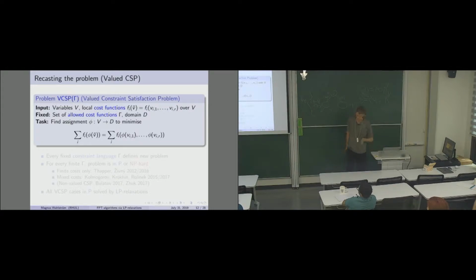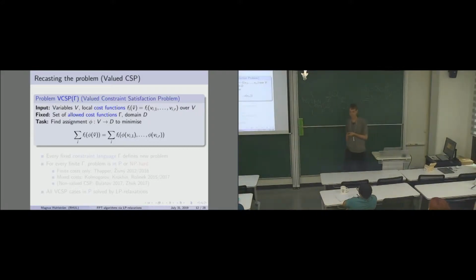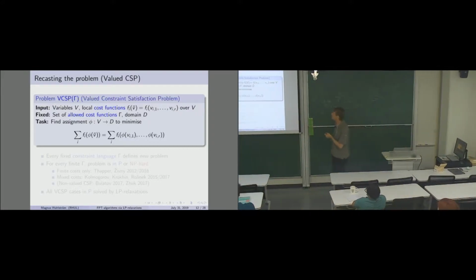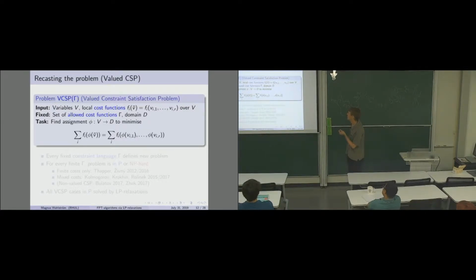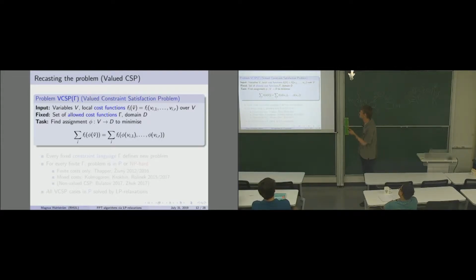So now there are a few definitions here. The way I'm handling this question is something called valued CSPs. You define your problem by fixing a collection gamma of allowed types of cost functions, and the input is a sum of applications of these functions, and your goal is to find an assignment of the variables to the domain such that the sum of the costs of all your individual cost functions is minimized.